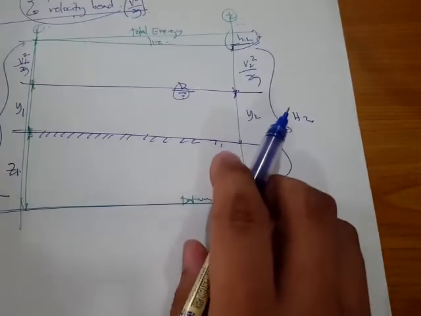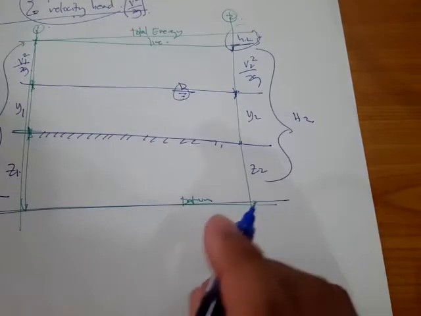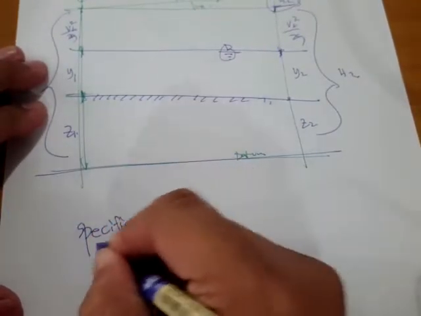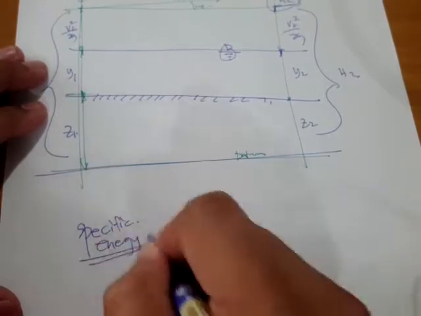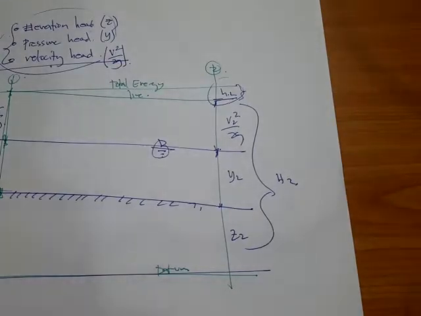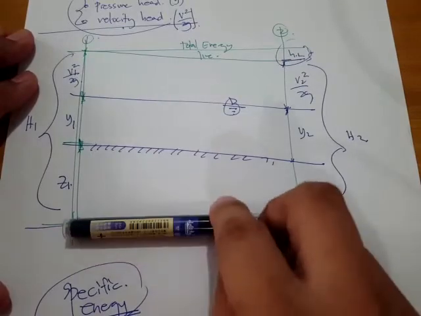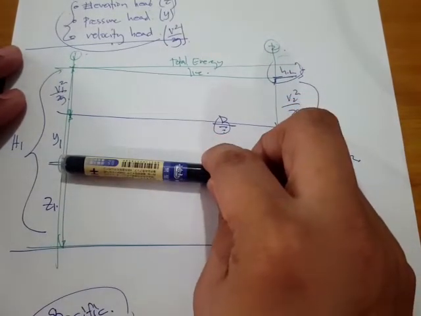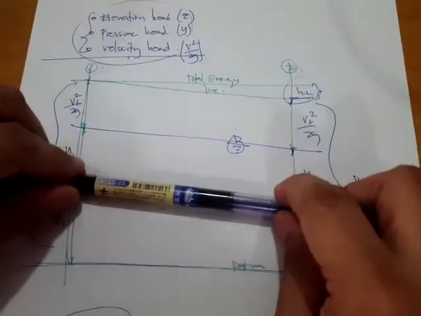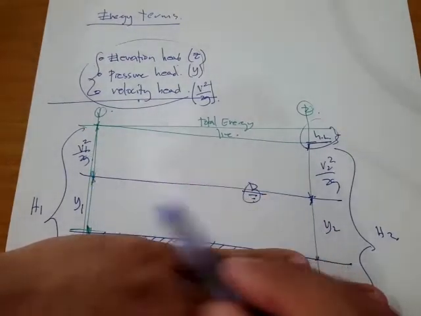Okay, so if we talk about specific energy, that's actually only the energy if we shift this arbitrary line into this bed bottom. So if this one is shifted to the bed bottom, what are the energy terms that are left?